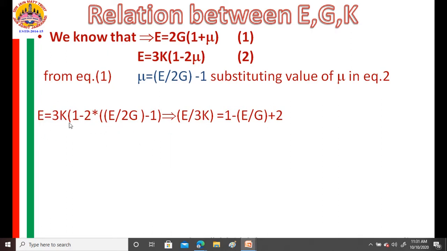Open the bracket, 1 minus, you take this E inside, the first term will become 2E by 2G, that is nothing but E by G. Second term, this minus 2 into minus 1 will become plus 1. Now 1 plus 2 equals 3. You will get E by 3K is equal to 3 minus E by G.